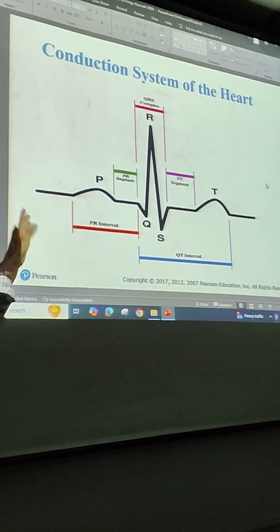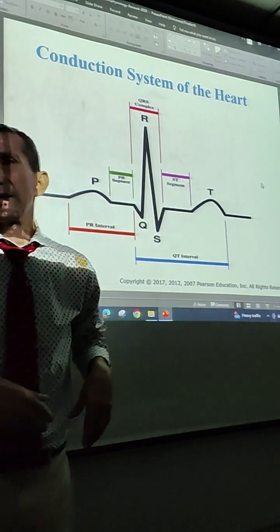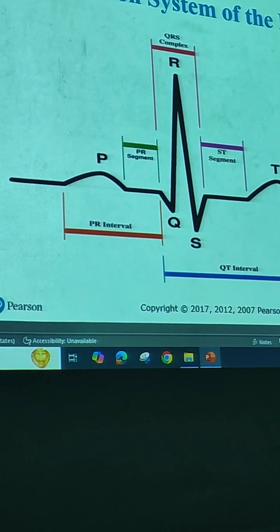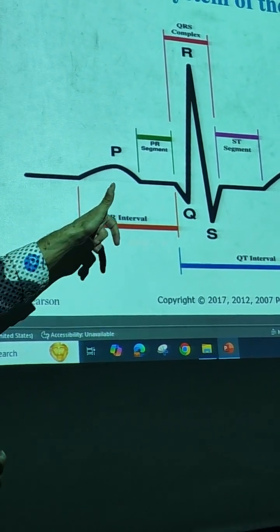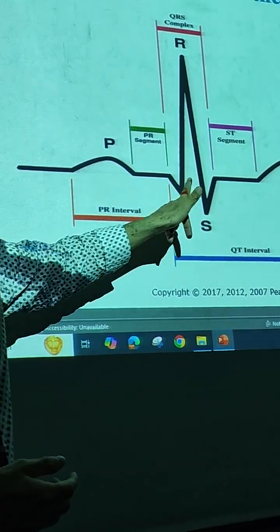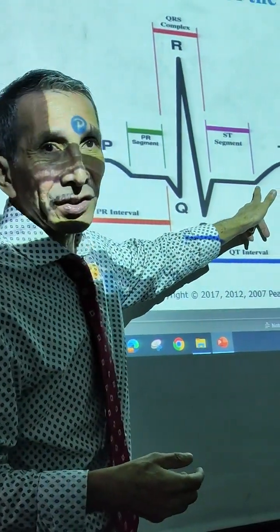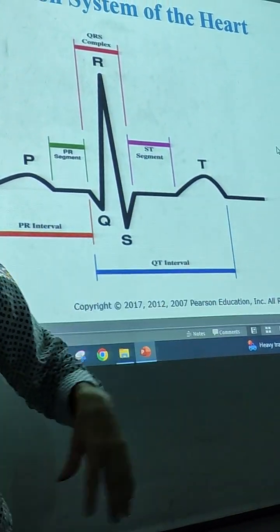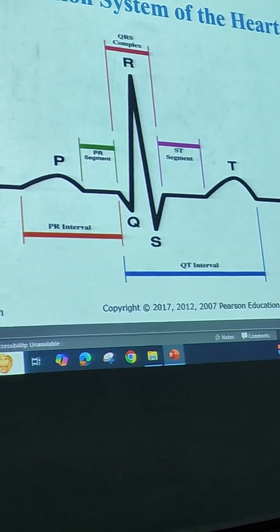Good. Now let's talk about the ST segment, because that is another one. If you learn the PR segment, you should now have the definitions for this, because it's exactly the same using different parameters.